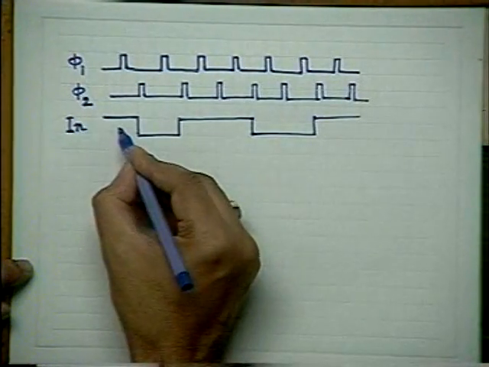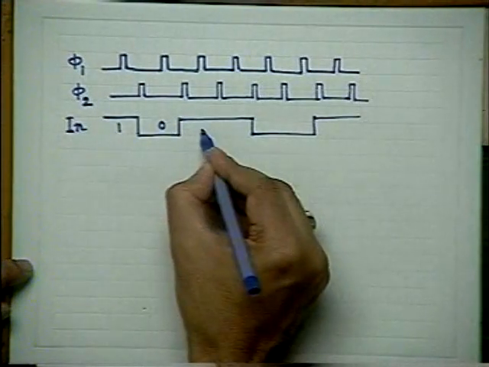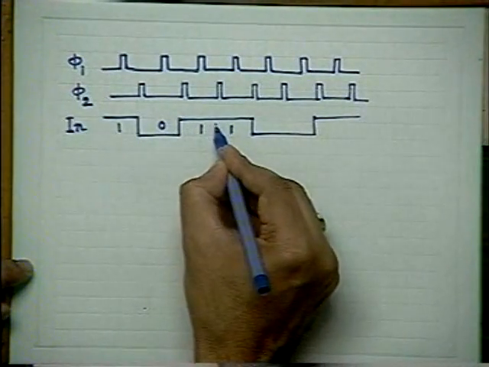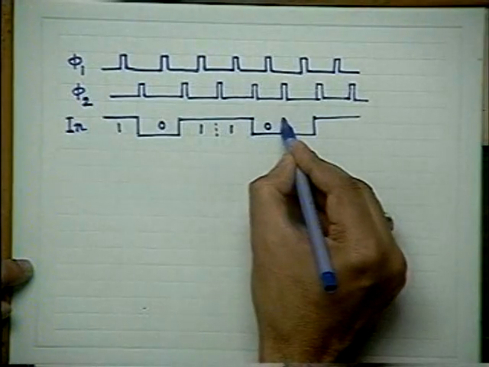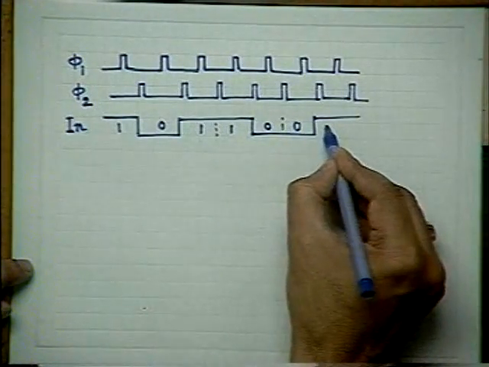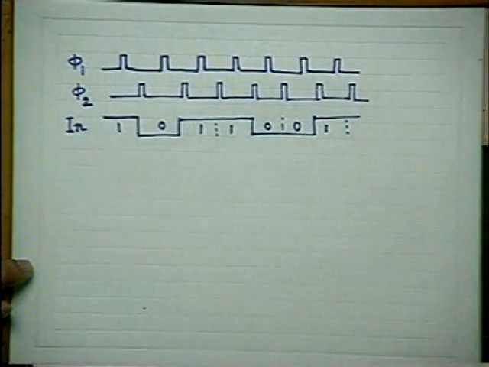So this is like this, 1 0 1 1 0 0 1 type signal.